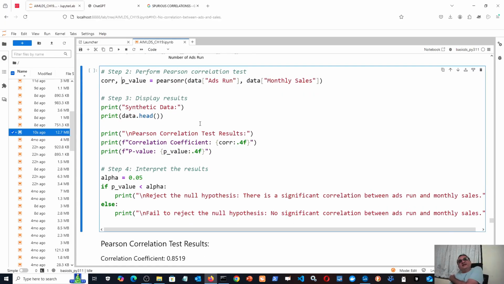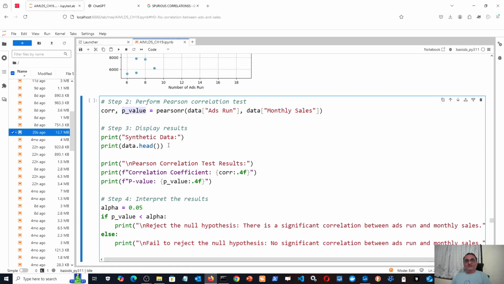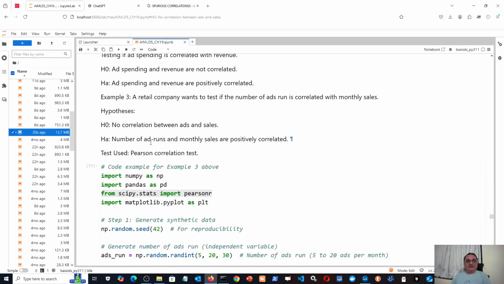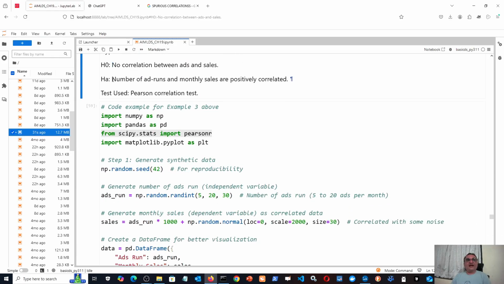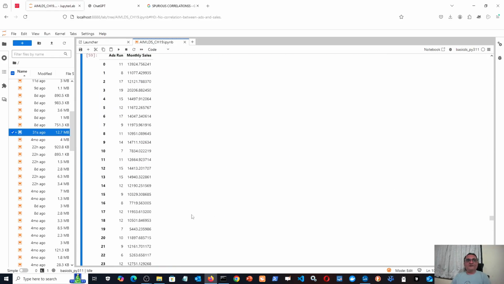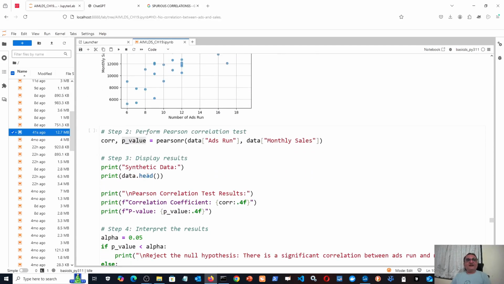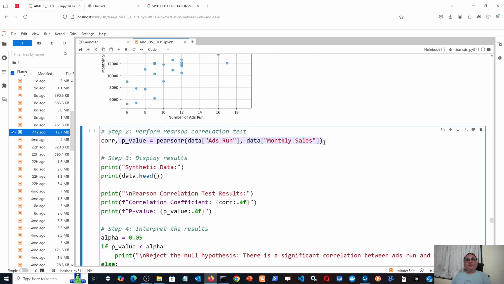Does that correlation reach statistical significance? Is the p-value below alpha 0.05, so that you can reject the null hypothesis, which says there is no correlation, and accept the alternative hypothesis? For that you can use this Pearson test.